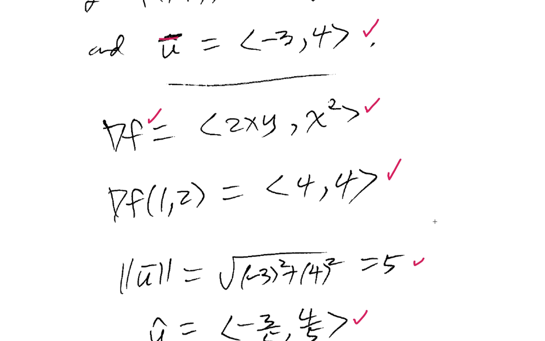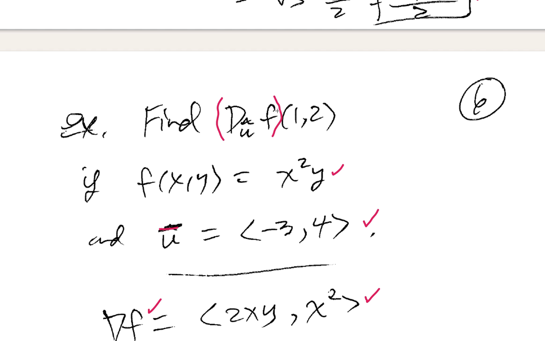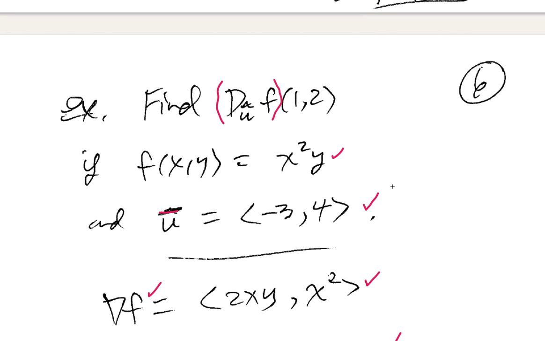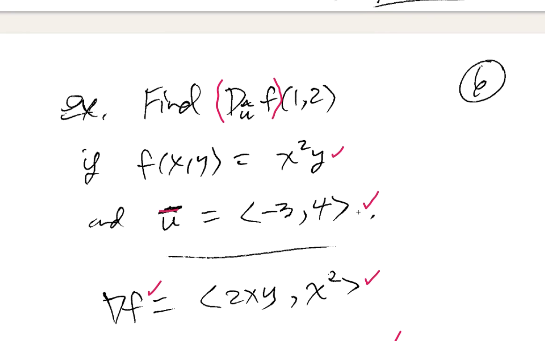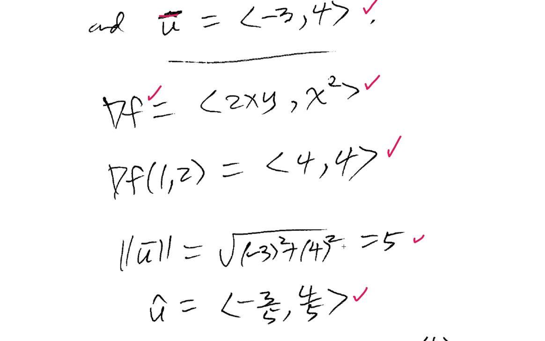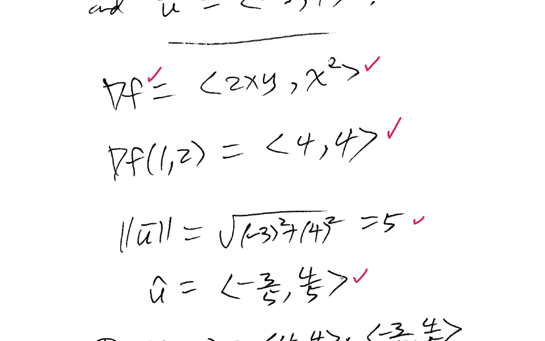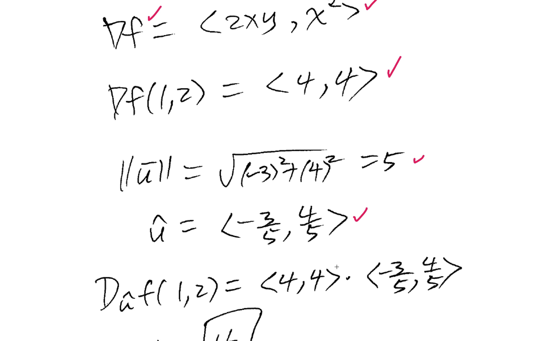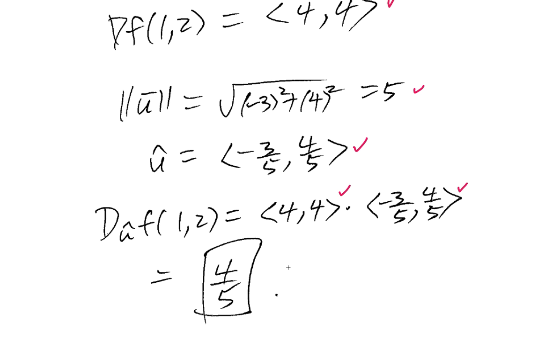And now, if I want to know the instantaneous rate of change of the function in the direction of <-3, 4>, that is the direction <-3/5, 4/5>, I just dot the gradient I found, <4, 4>, with that direction vector <-3/5, 4/5>. Put it all together, and what you end up getting is 4/5. So that would mean what?